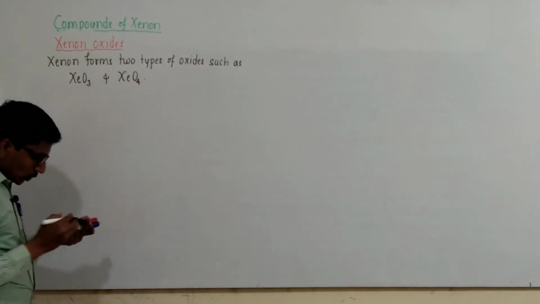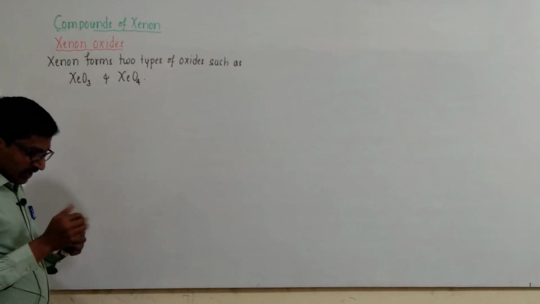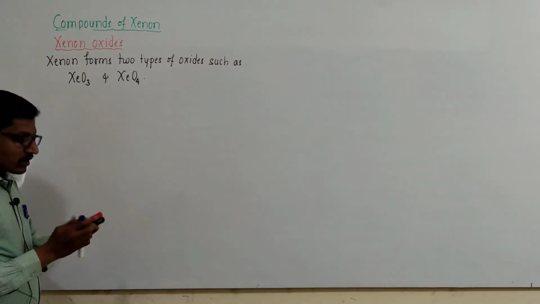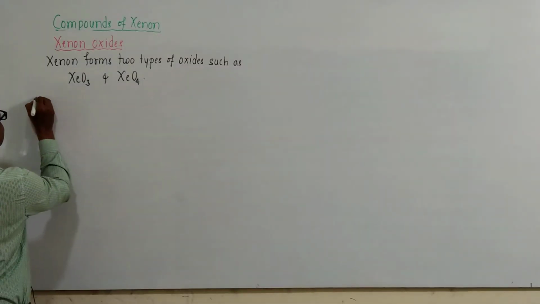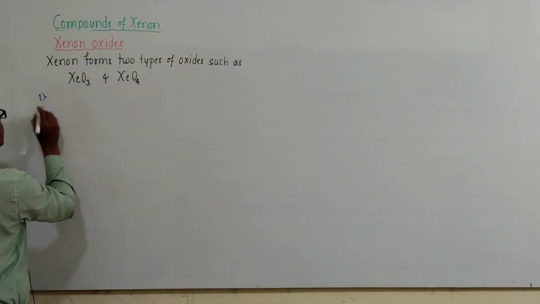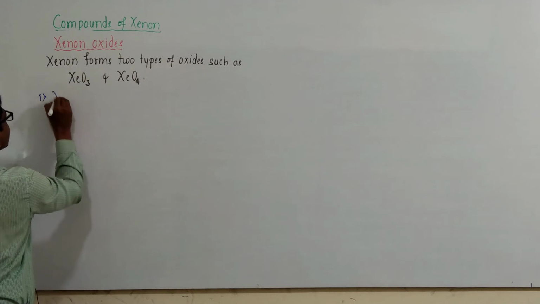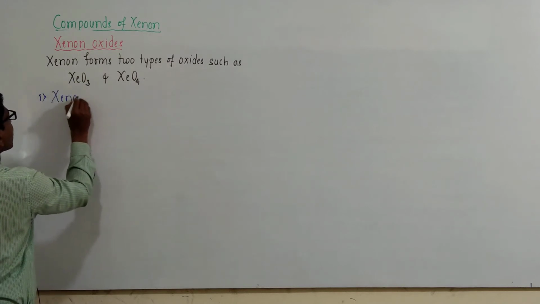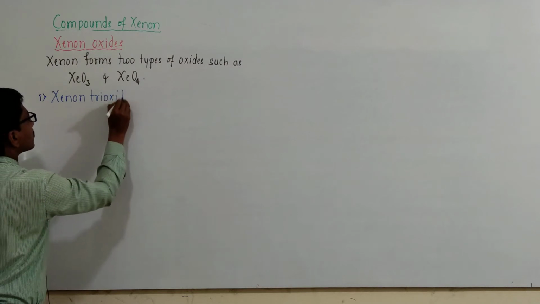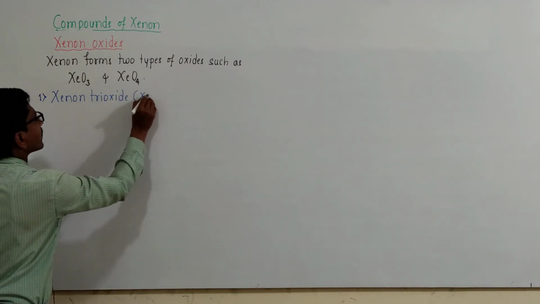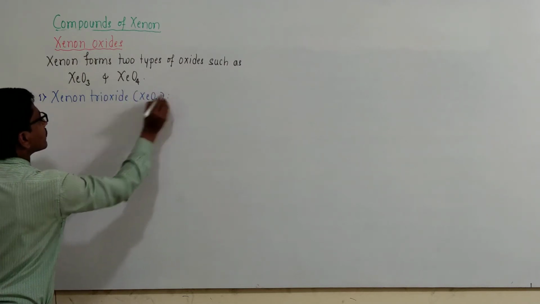These are the two different types of oxides formed when xenon combines with oxygen. In this, the first one is xenon trioxide, XeO3.